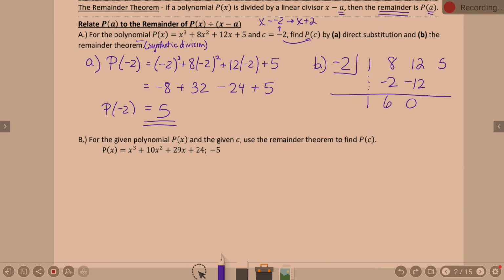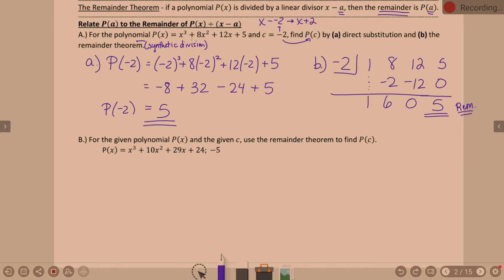Negative 2 times 0 is 0. 5 plus 0 is 5. That's the remainder. 5 is my remainder.